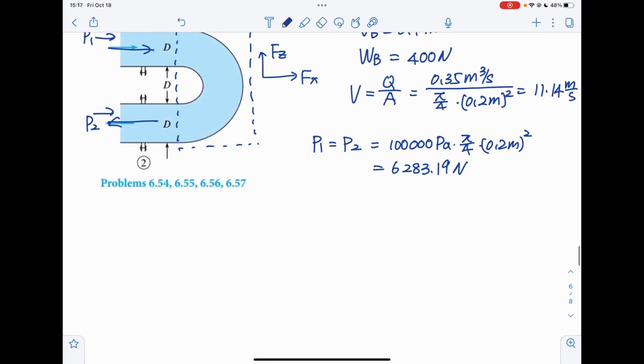Then we're going to use the momentum equation in the x direction. So Fx equals the mass flux difference.